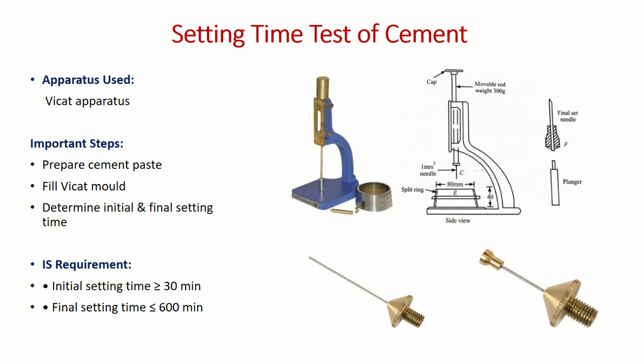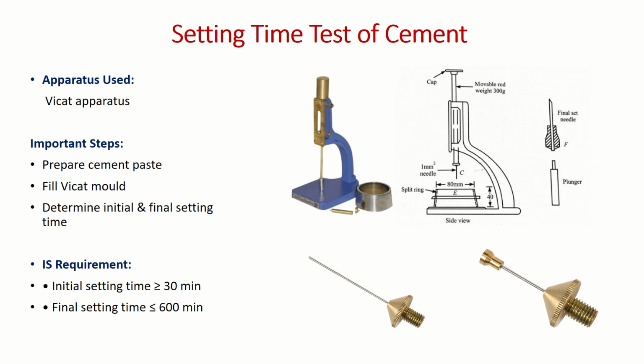Whatever cement you are using for construction, you must know the setting time of that particular type of cement, so that we can complete the various procedures like mixing for 5 to 10 minutes, then transporting for 5 to 10 minutes, then placing, compacting and finishing it.